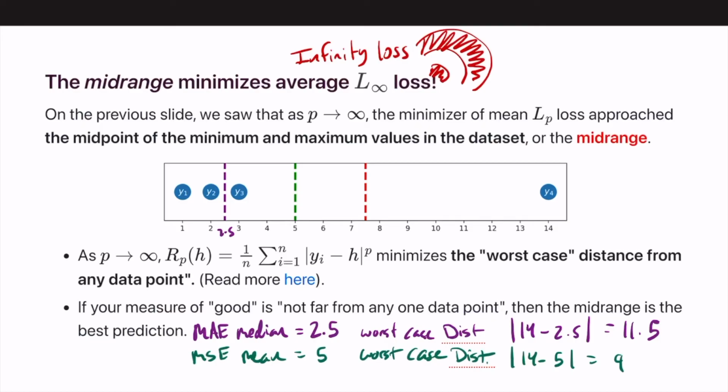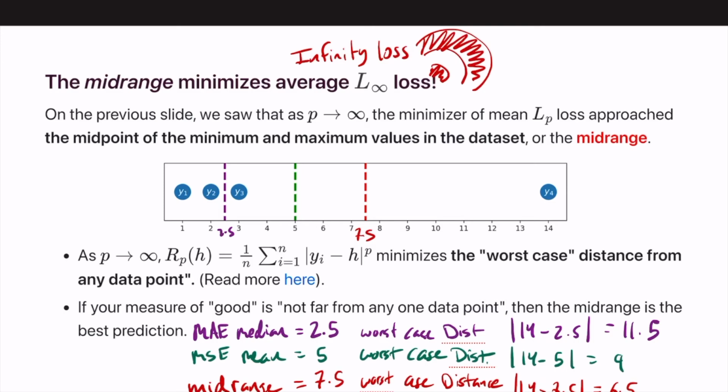And then the mid-range here, there's not a fancy acronym for mid-range, is going to be 7.5. And its worst case would be 14 minus 7.5, and that's going to give us 6.5.